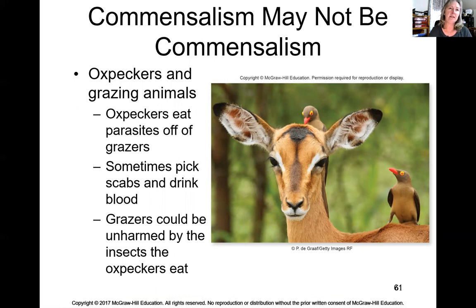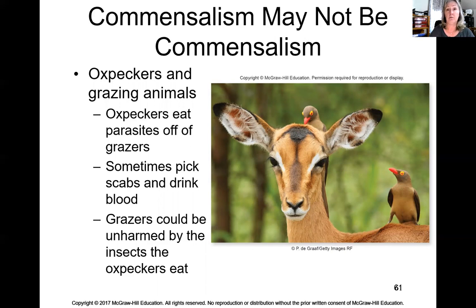Sometimes the commensalism may change, like here, even the mutualism between the birds eating the bugs off of the grazing animal. If they sometimes pick scabs, or maybe they pick out a bug and cause an opening in the skin, any broken skin, that is a pathway to infection.